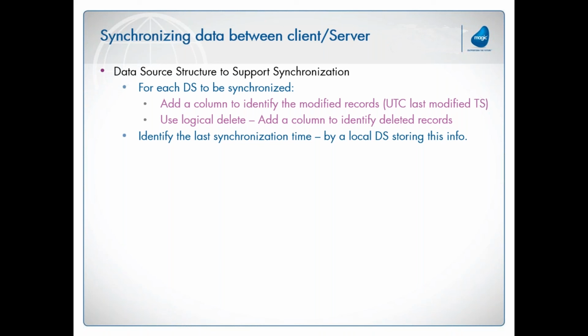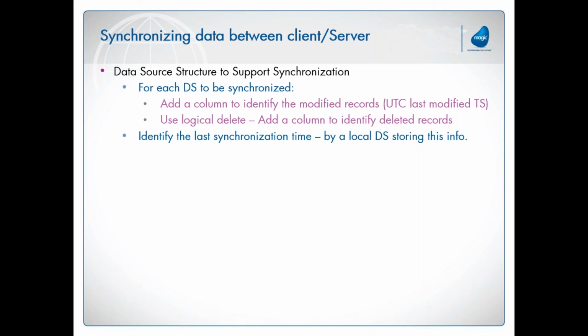Okay, so for the dataset-based synchronization mechanism, this is something you need to handle. In order to do the synchronization, you need to identify all the records that were modified since the last time you did synchronization.